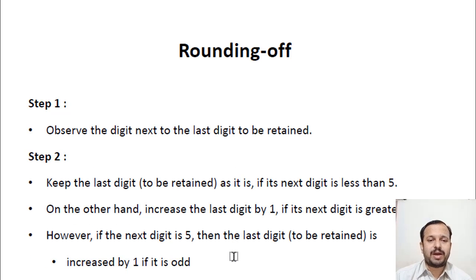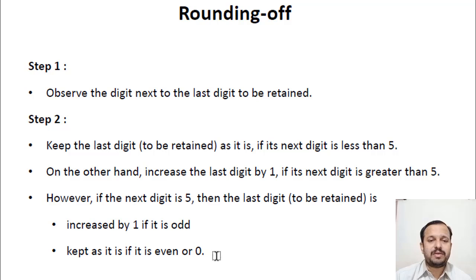Step number 1: we have to observe the digit next to the last digit to be retained. So first we have to fix which is the last digit to be retained, and then observe the digit next to that digit.